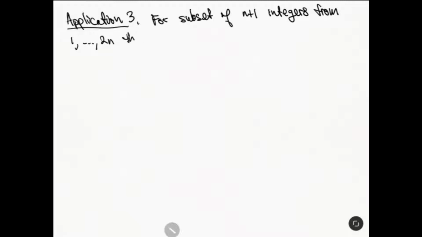For every subset of n plus 1 integers from 1 all the way up to 2n, there exists a pair of coprime integers.